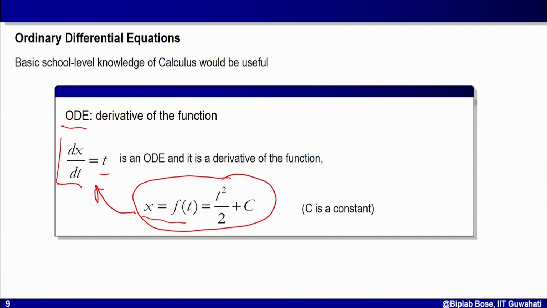So dx/dt is equal to t is a differential equation, and it is an ordinary differential equation because here x is changing only with respect to time. X is the dependent variable because that is changing with time and it depends upon time, whereas time is the independent variable.